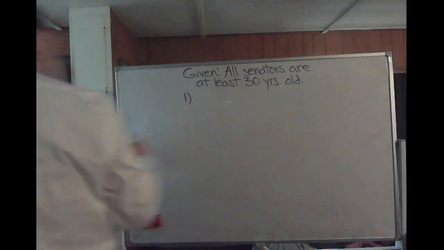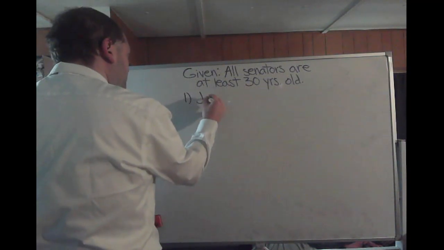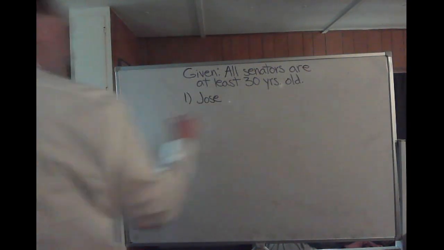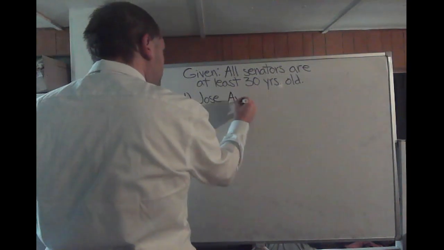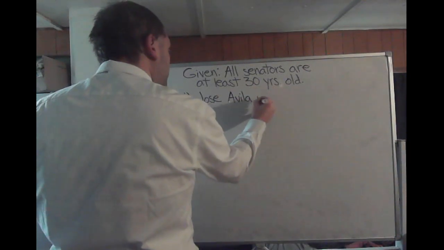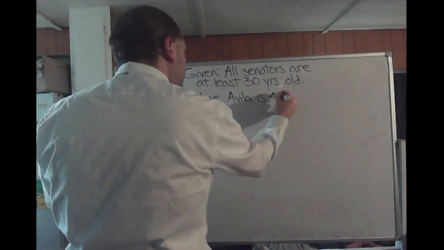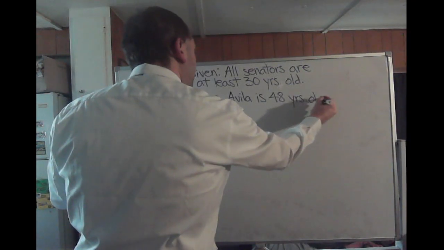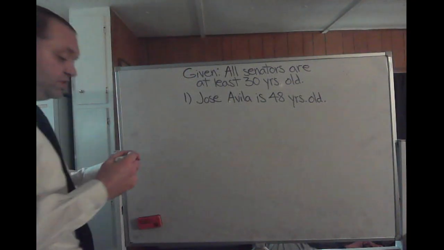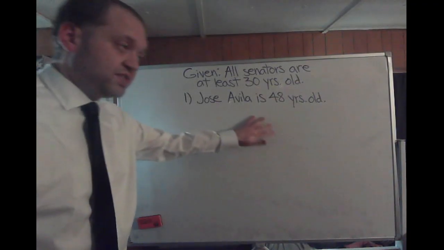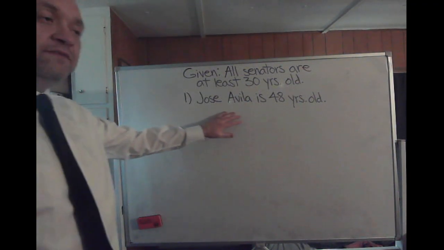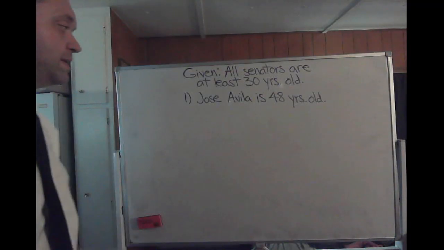Statement 1. Jose Avila is 48 years old. So pay attention to the additional sentence with the given information. Jose Avila is 48 years old.